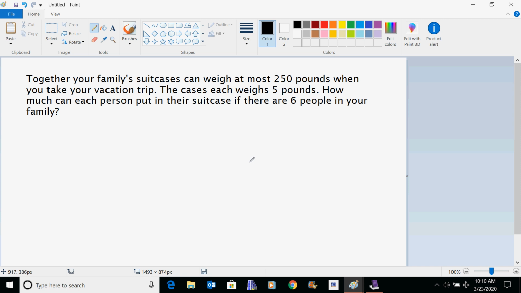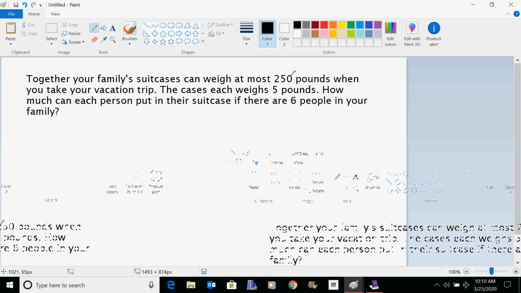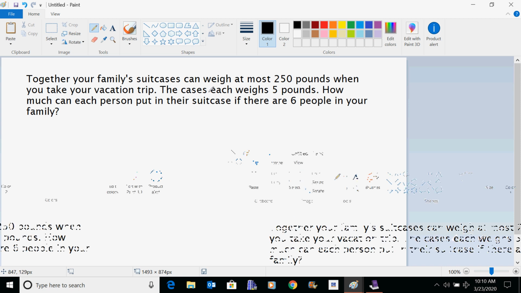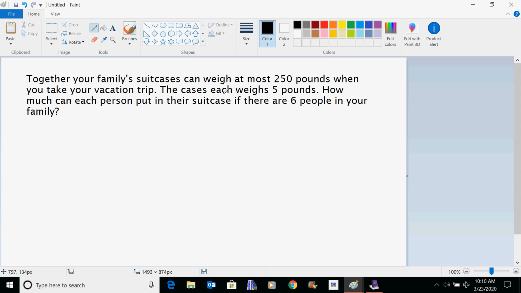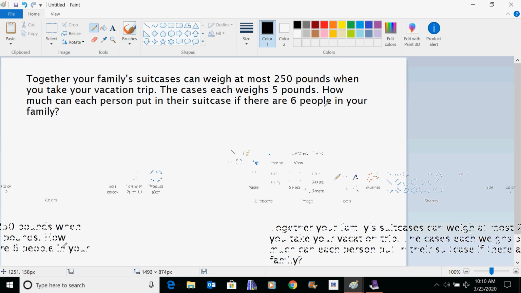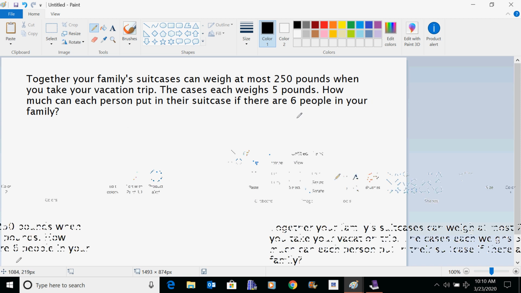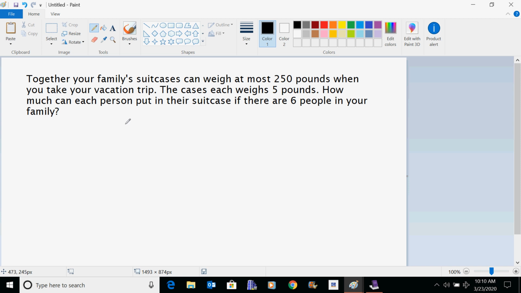I know that's a little unrealistic, but we're just going to do that for the sake of this problem. Together your suitcases can weigh at most 250 pounds. The cases each weigh 5 pounds, the empty cases. How much can each person put in their suitcase if there are 6 people in your family? So 6 people, 6 cases.